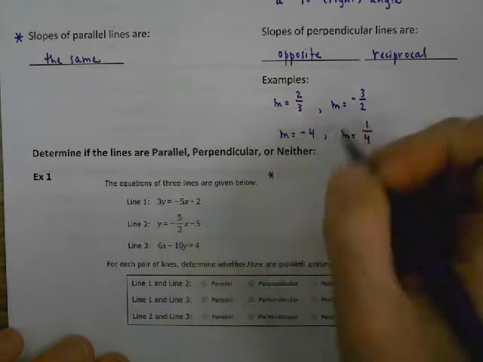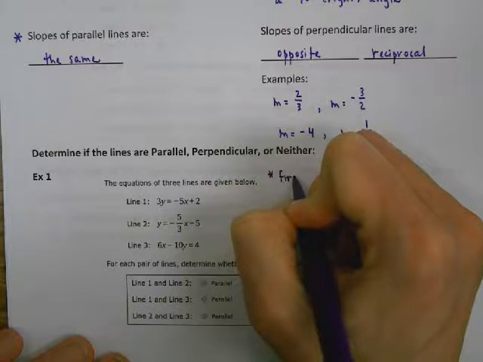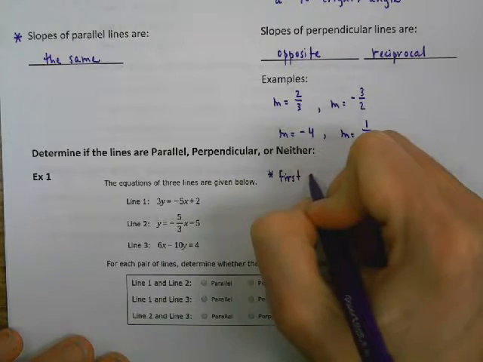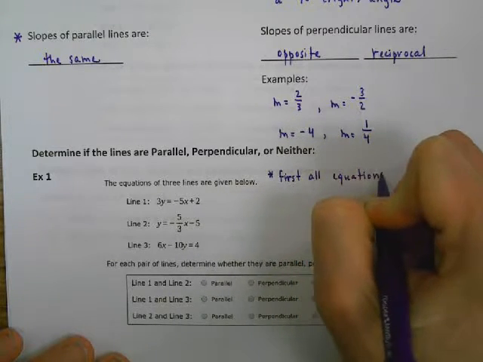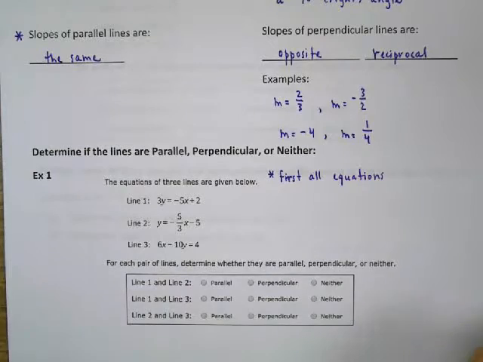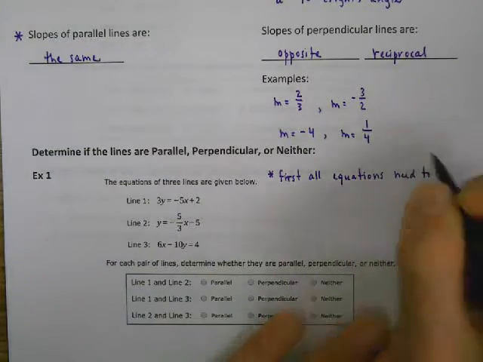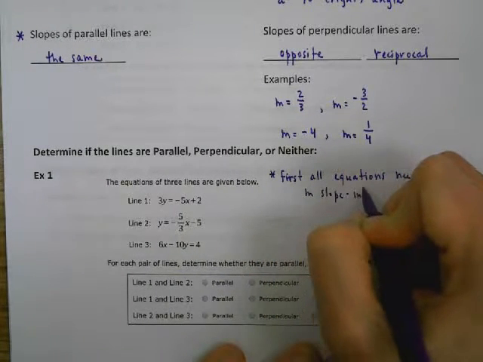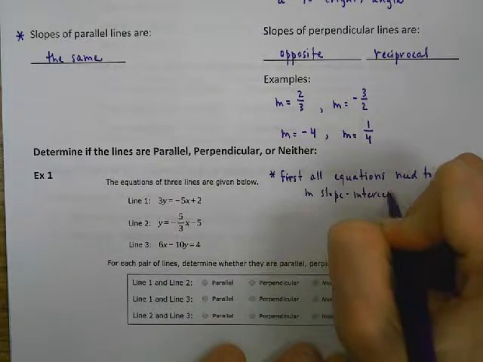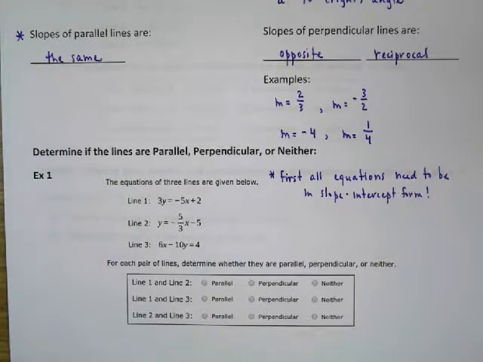So I'm going to make a note that all equations need to be in slope-intercept form. We can't compare the slope unless they're in slope-intercept form. Then once it's in slope-intercept form, we can easily compare the slopes.